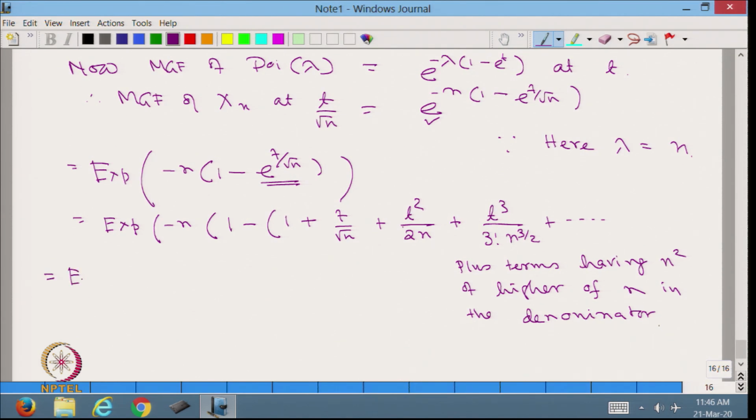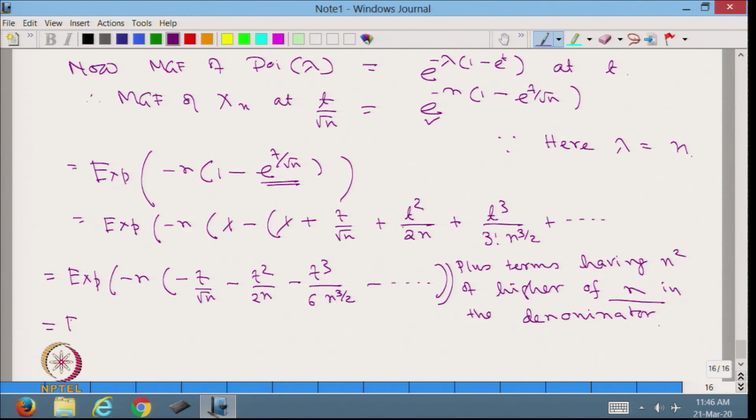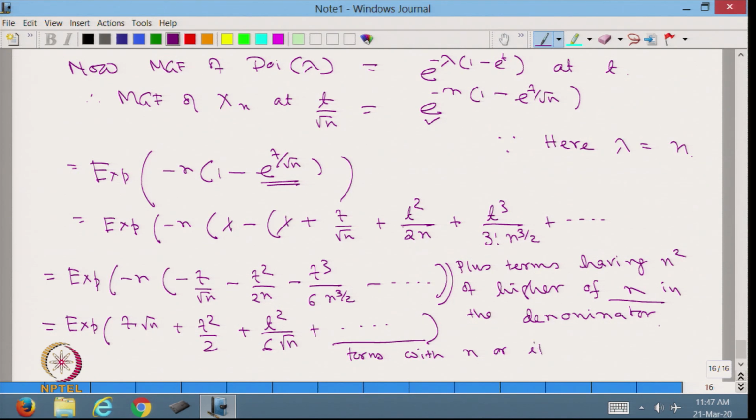This is equal to exp of minus n into, this one cancels with this, therefore, minus t by root n minus t square upon 2n minus t cube upon 6 n to the power 3 by 2 minus terms with higher power of n in the denominator, which is equal to exp of t root n plus t square upon 2 plus t cube upon 6 root n plus terms with n or its higher power in the denominator.